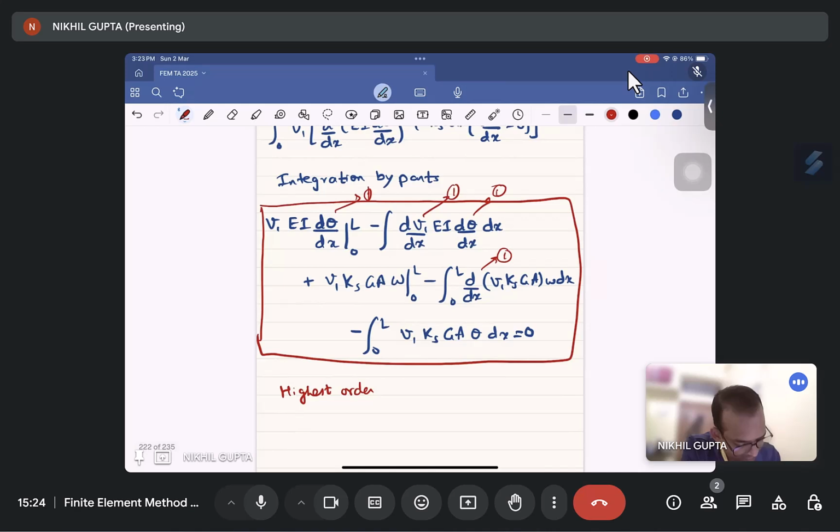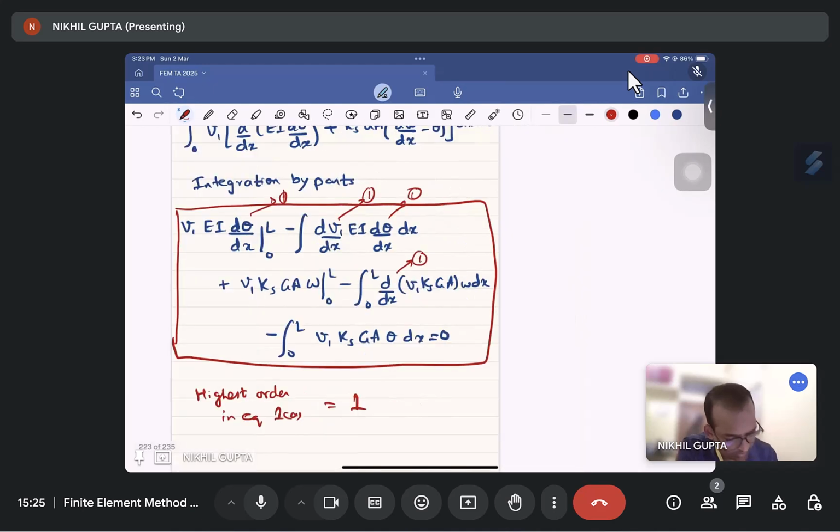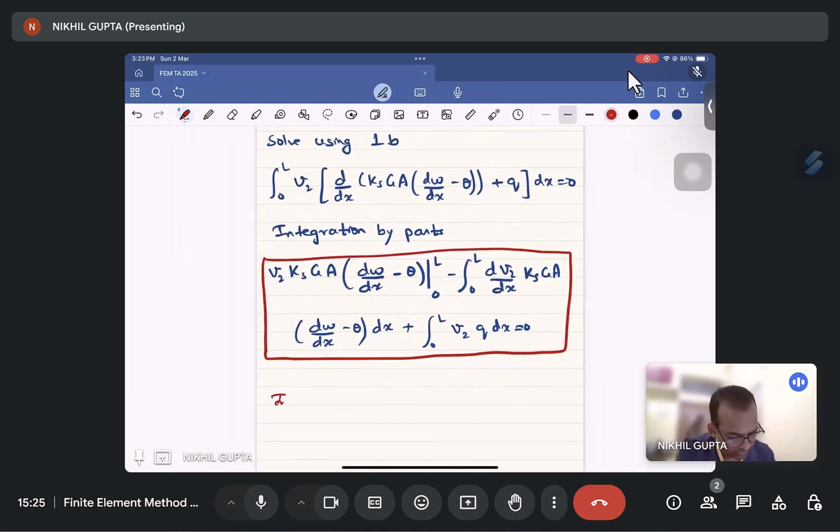So in equation 1A all terms are of order 1. Now let's check equation 1B as well. Here it is 1, here it is 1, here it is 1. So the highest order is 1.